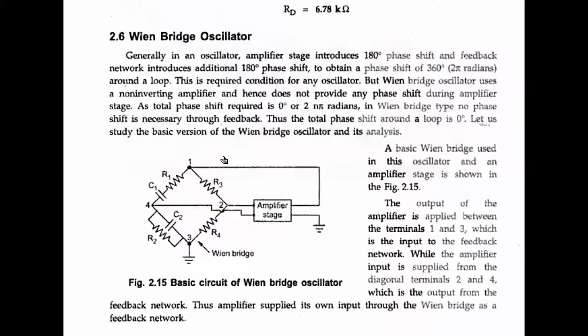Next, another discussion. The impedance offered by the capacitor is 1 by j omega C1. Now, for very low frequencies, put omega nearly 0. What will be the impedance offered by this capacitor?